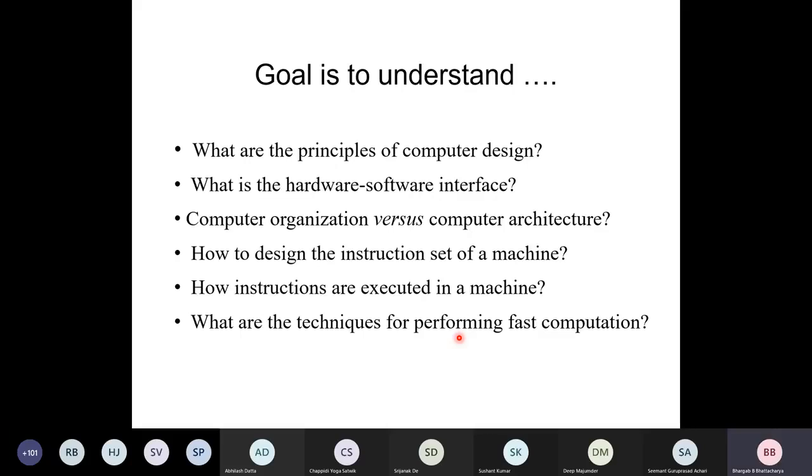So the basic question is, what are the techniques for performing fast computation? Should the responsibility lie on hardware or on software, in order to achieve speed, or in other words, performance of the machine? Both. Both.